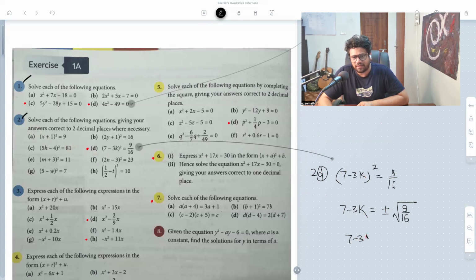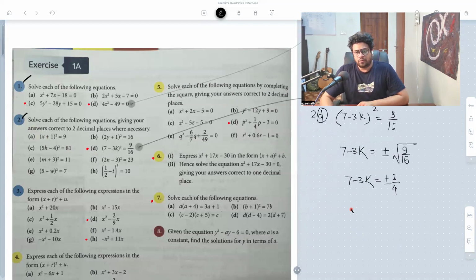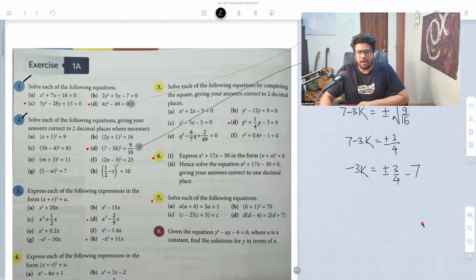Well, that's 7 minus 3k equals 3 over 4 with a plus minus there. Well, minus 3k would come out to be plus minus 3 by 4 minus 7. So minus 3k would be plus 3 by 4 minus 7, and minus 3k will also be equal to minus 3 by 4 minus 7.